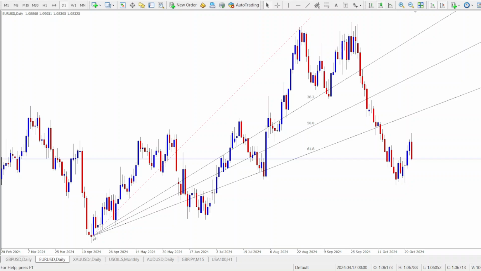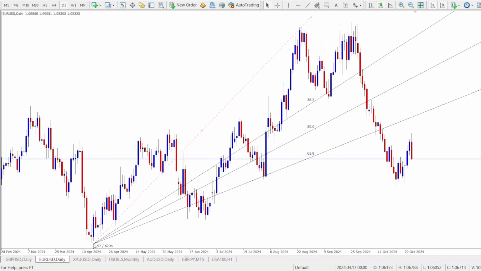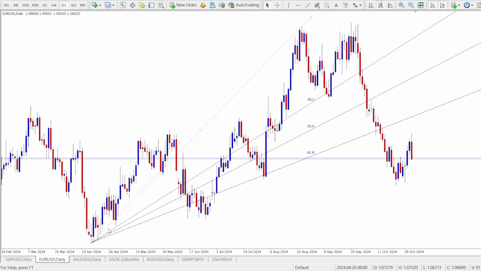In this case, we picked a major low, and from that point, the fan lines spread out, creating dynamic trend lines. We can see how we had dynamic trend lines spreading out from this particular low.